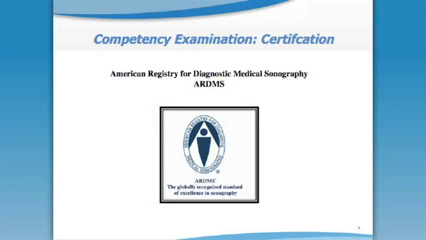A competency examination is being developed currently by the American Registry of Diagnostic Medical Sonography. This is the organization that gives all of us as non-physician sonographers our competency, our piece of paper on the wall, and it's divided into various competencies from OB to abdominal to vascular, and a musculoskeletal registry is being developed currently.